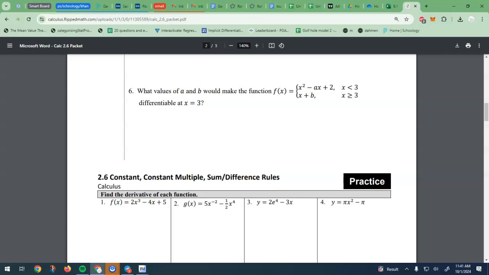But what's x? X is 3. So this is like 9 minus 3a plus 2 equals 3 plus b.